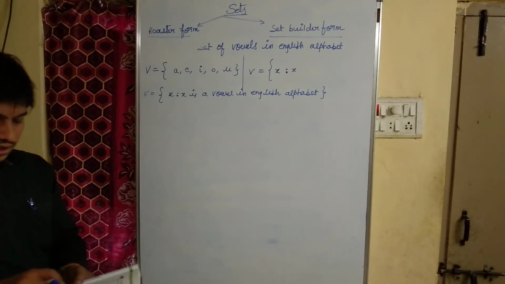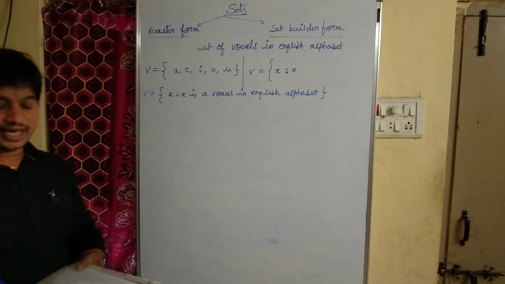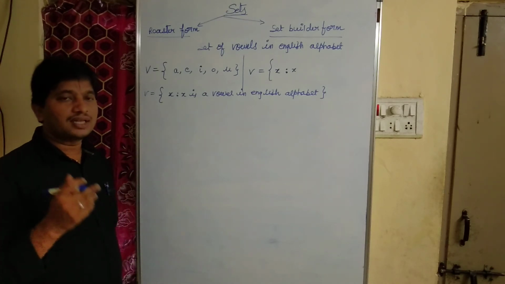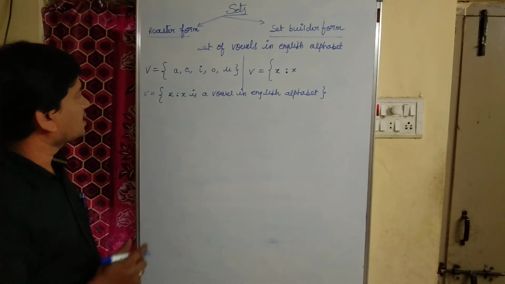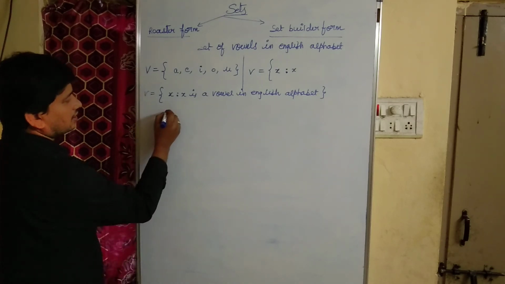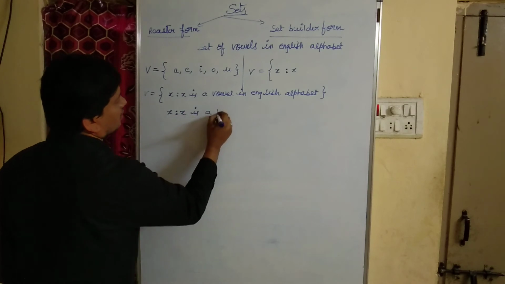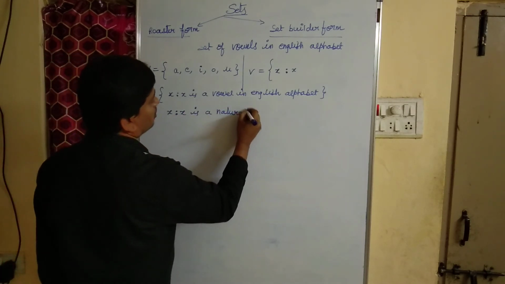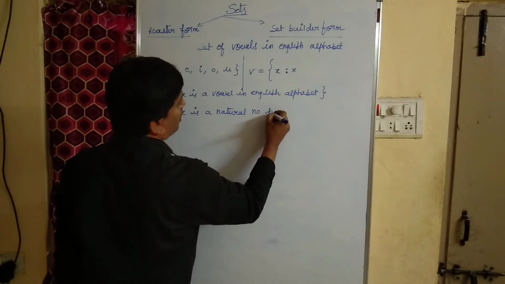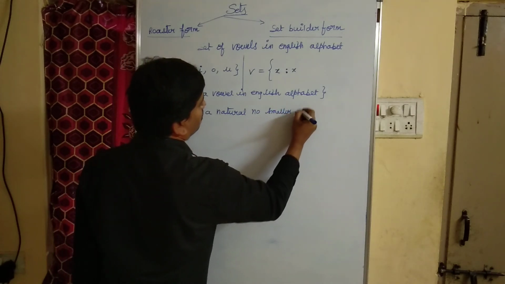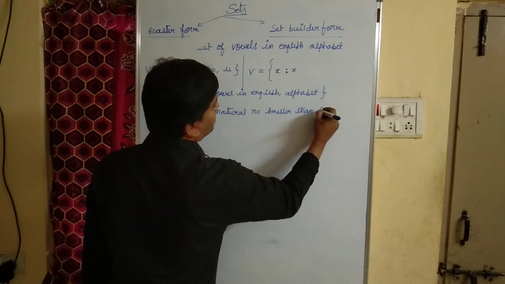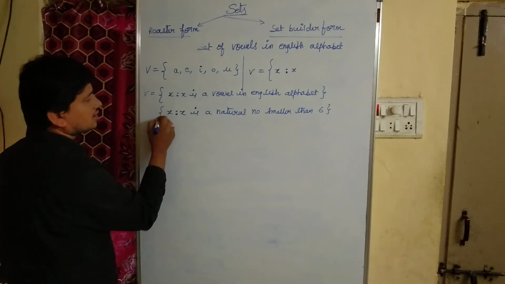For example, let me write x such that x is a natural number smaller than 6.